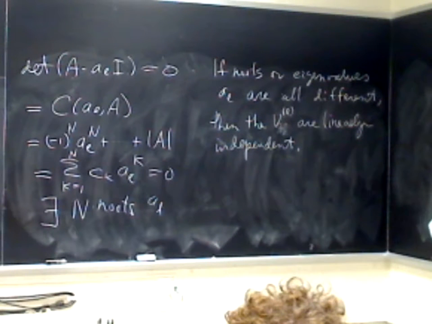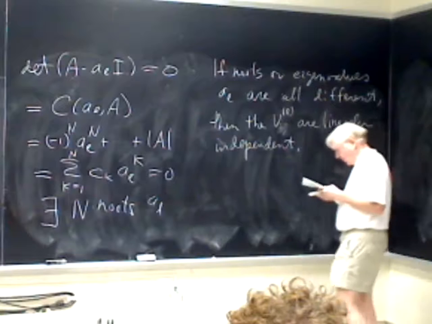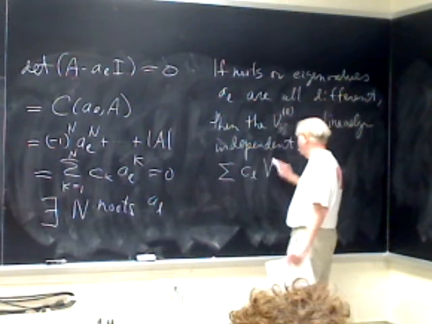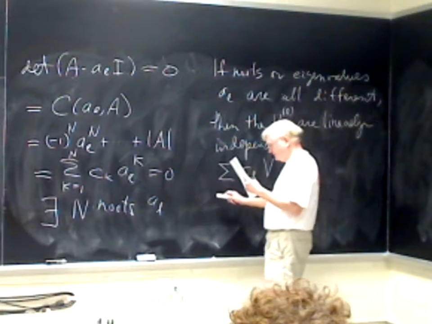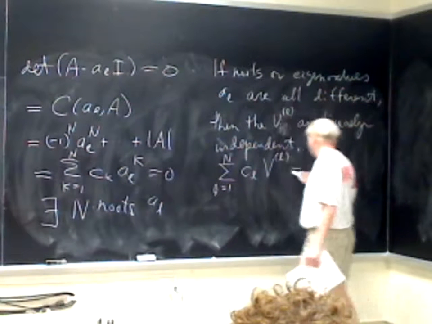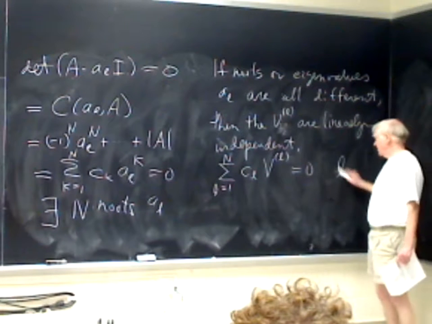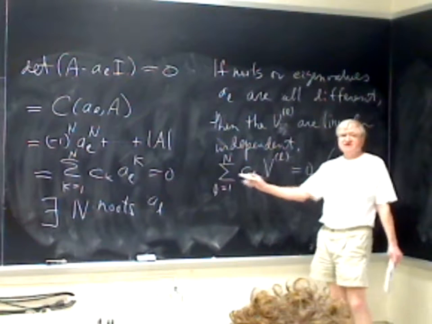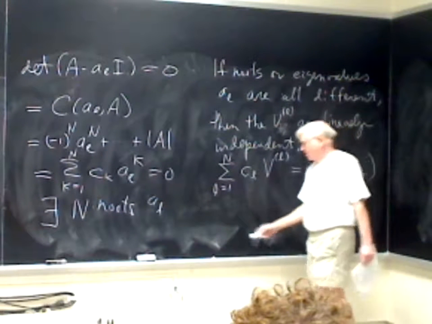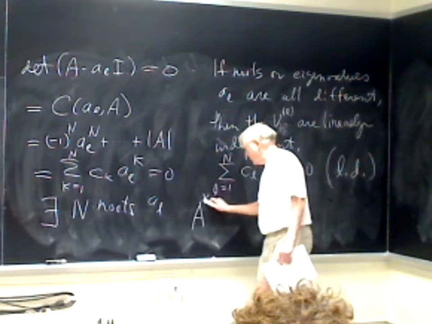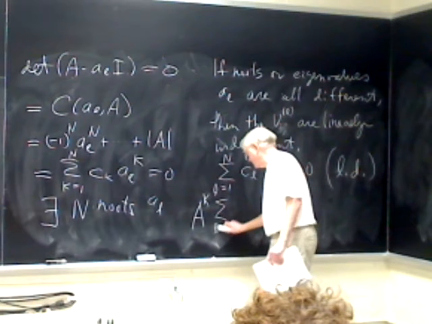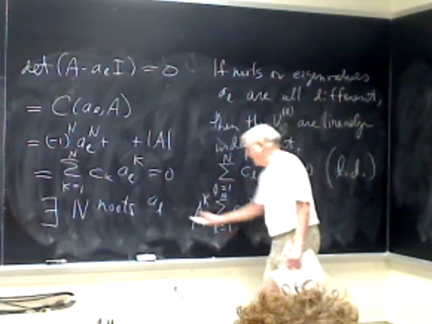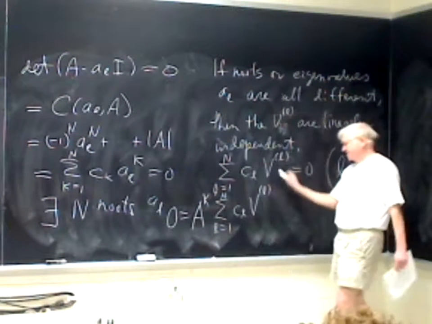In order to show this, I assume the contrary and assume that there are, in fact, some coefficients c_L, not all zero, such that the sum of c_L b_L, L equals 1 to n, is 0. So we're assuming the contrary, that is to say, linearly dependent. Well, in that case, we act on this equation from the left with the kth power of the matrix A. And that has to be 0 because this sum is 0.